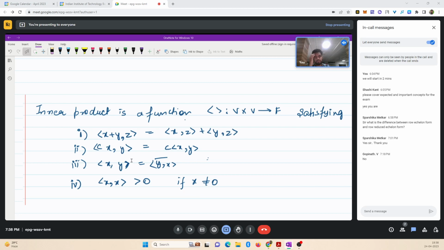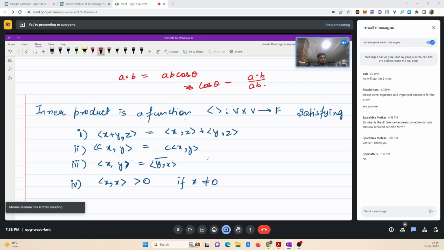If you remember, the dot product between two vectors is AB cos theta, and using this you can obtain the value of cos theta. In a similar way, the inner product is used to infer something about the angle between two vectors.